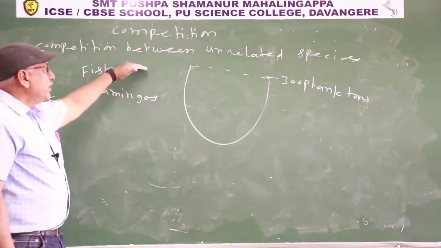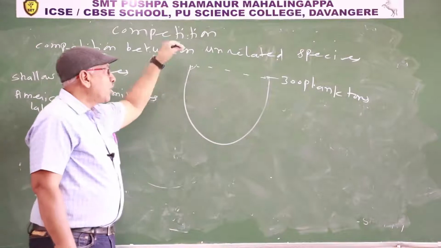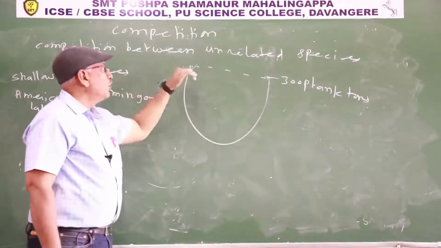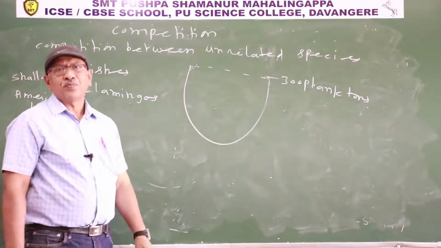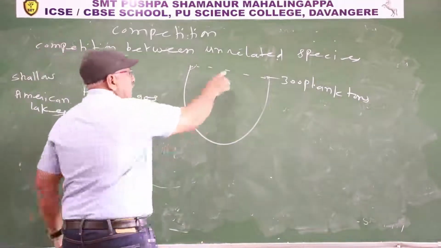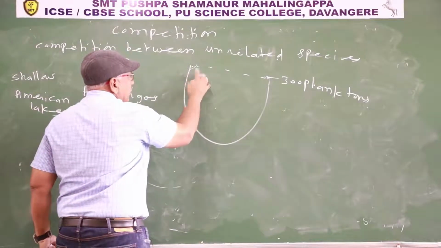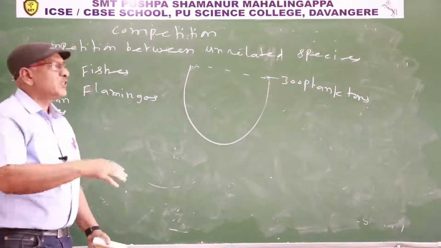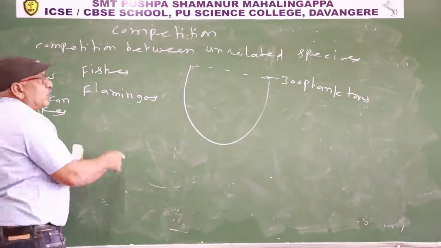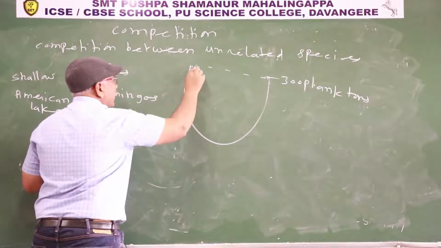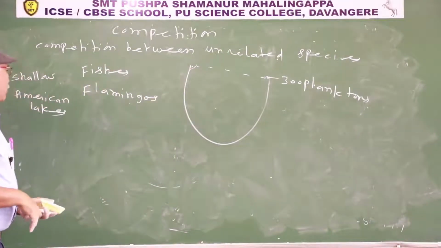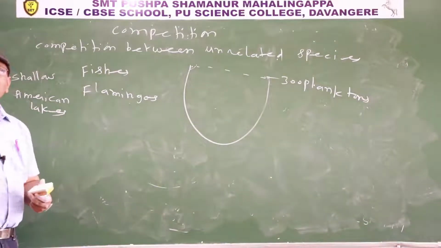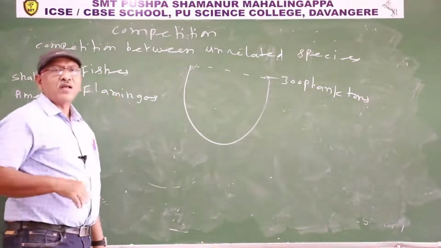The reason is, to feed on zooplankton in open water, they have to fly some more distance. What is open water? The water in contact with neither the shore nor the bottom is known as the open water zone. That's why both fishes and flamingos feed on zooplankton present near the shore. So during winter, the fishes are unable to obtain a sufficient number of zooplankton.